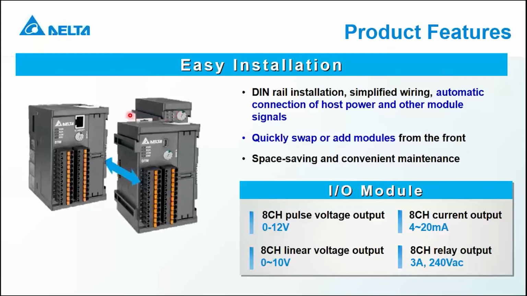But I think this is not so friendly when you install at the control panel. It's fixed on the DIN rail, and in many situations there's not so much space. Maybe you install other things, like a power supply, at the left or the side. So it's very difficult for workers to remove the modules.